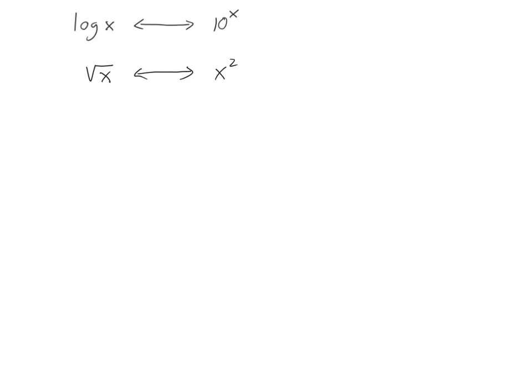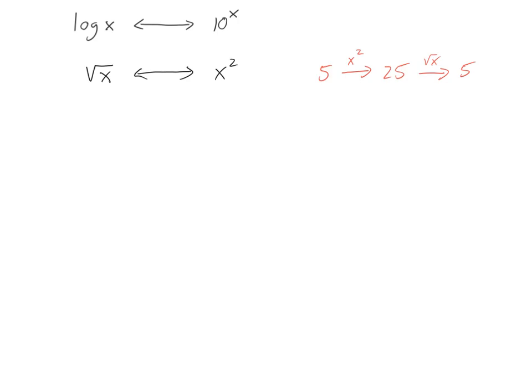For example, if I start with the number 5, if I square it, that gives me 25. But then if I take the square root of it, square root of 25, I get back to 5. So here I squared it, and here I took the square root. They undid one another. The action of one of the functions undid the action of the other.